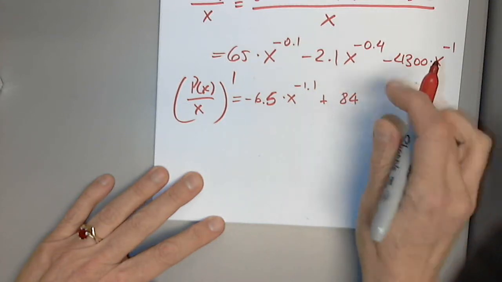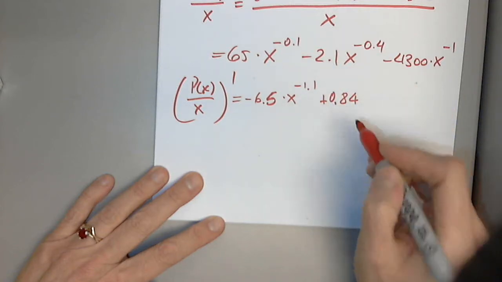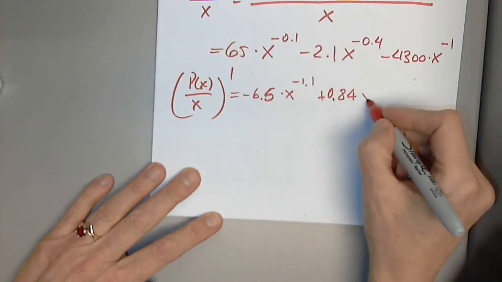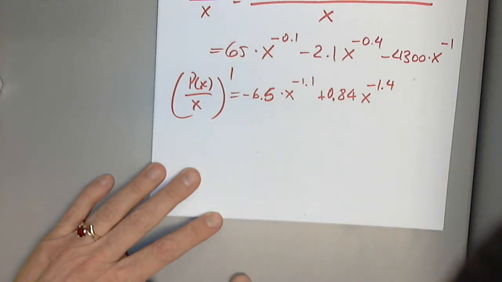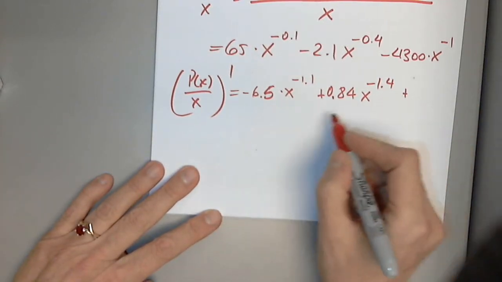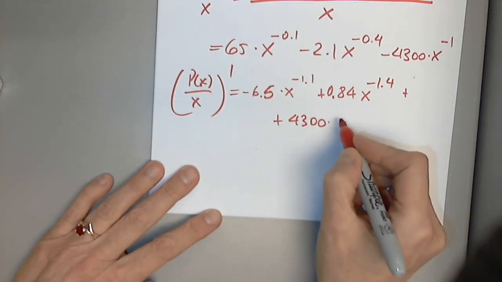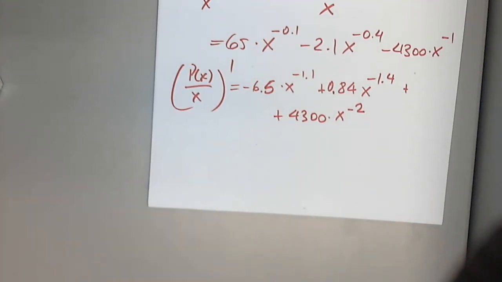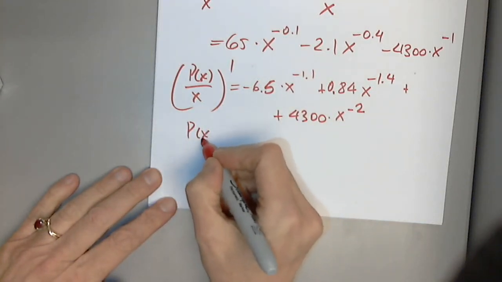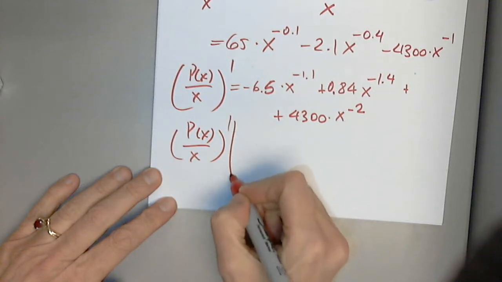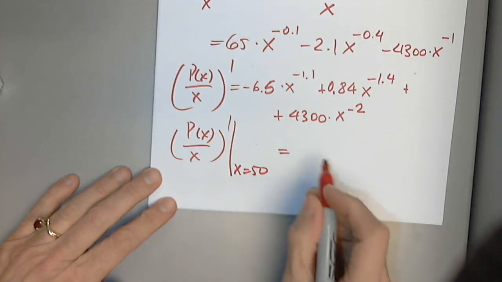So this is 0.84, but we have 2 decimal digits. x to negative 1.4, and plus 4,300 times x to negative 2. Very ugly functions. I don't know how they come up with them, but quite ugly. Now I can plug in x equals 50.